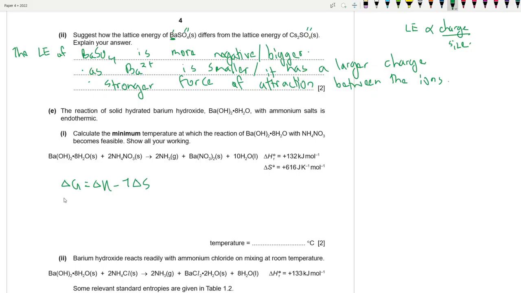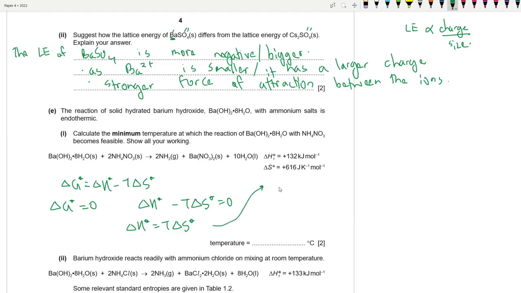So when it starts to become feasible, you got to say that del G is actually 0. So we can say that del H minus T del S is equal to 0, or del H is equal to T del S, okay? Or what can we say?